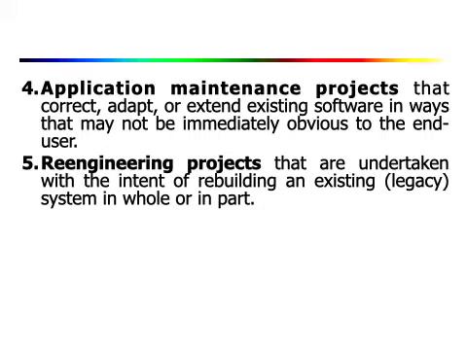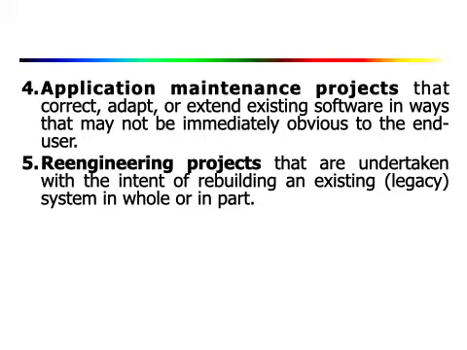And the final type of project that is encountered by a software organization is re-engineering projects. Re-engineering projects are undertaken with the intent of rebuilding an existing system in whole or in part. Okay, so those are the different types of projects that are encountered by the software organization.